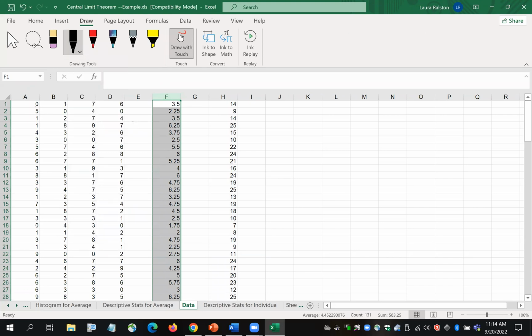So I would have added the 4 numbers together: 0 plus 1 is 1, plus 7 is 8, plus 6 is 14, and 14 divided by 4 gives me 3.5. So this column F is the average for each set of 4 numbers, or the mean for each set of 4 numbers.